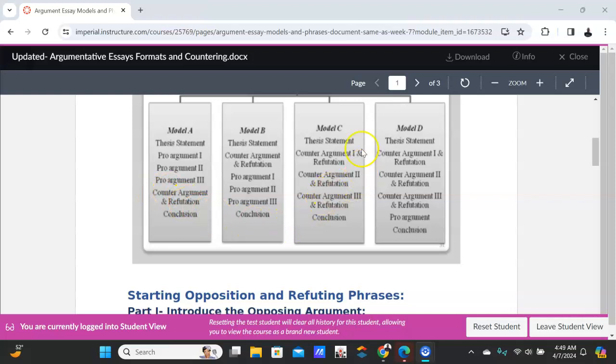Now, some students like to do this here, which I do, especially if I have enough information to refute each point. So counter argument one and refutation. If you're going to bring the counter argument and then you're going to refute, again, this topic sentence would contain Mama and Atticus.